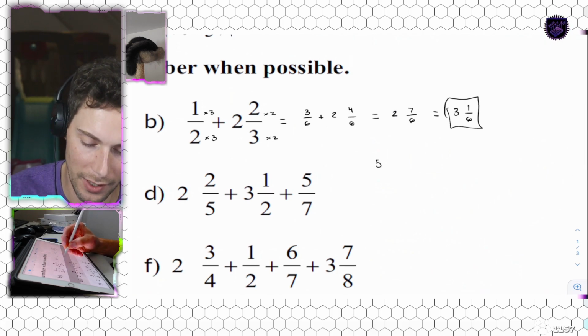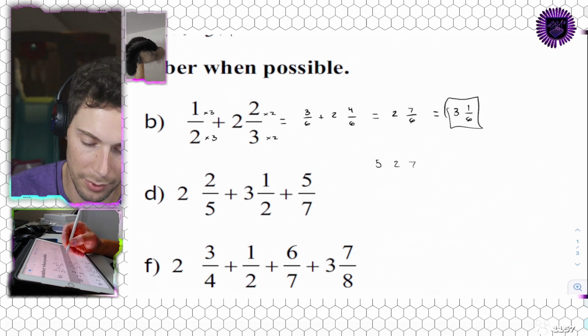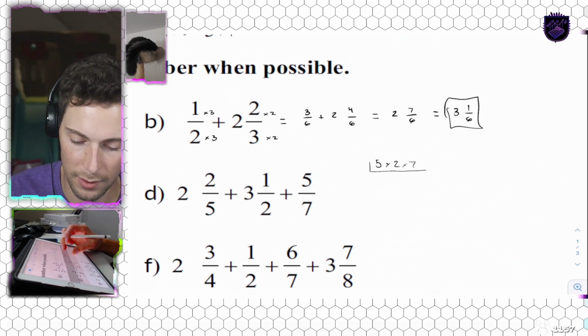Yeah, I just know 5, 2, and 7 are all primes. So 5 times 2 times 7. Yeah. 70. Oh my gosh.